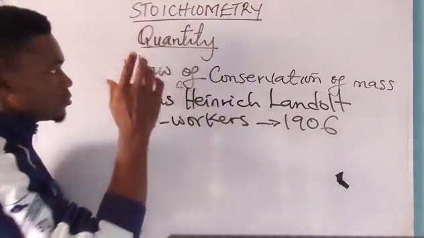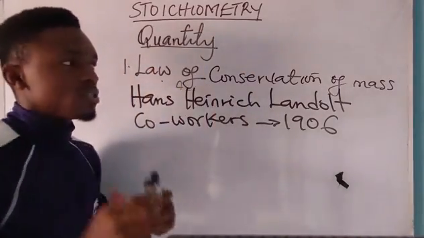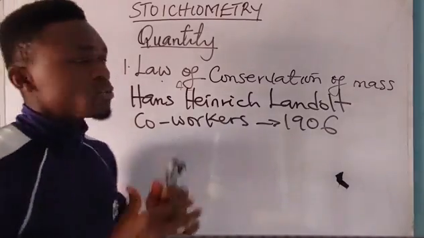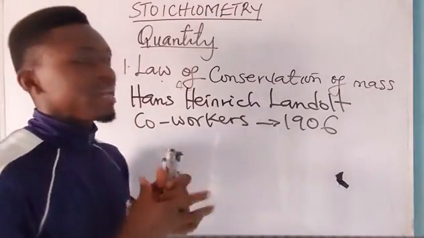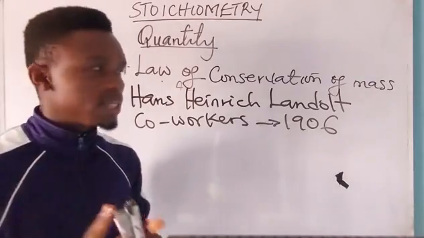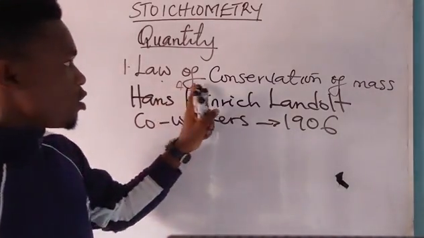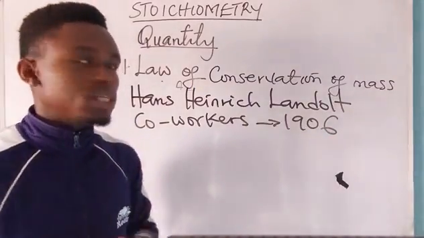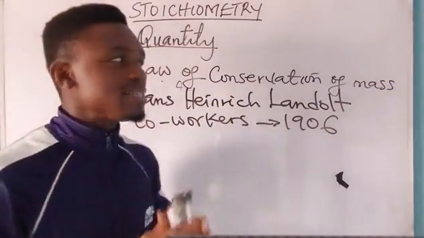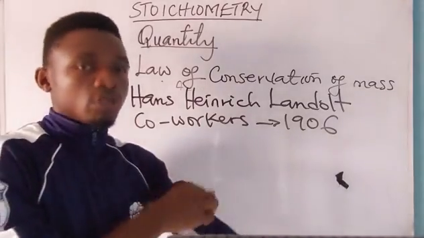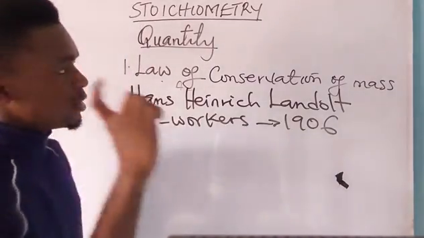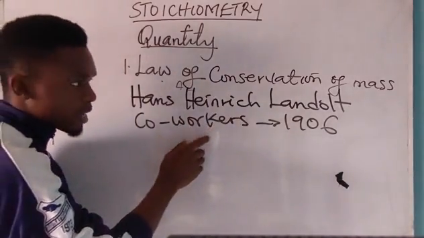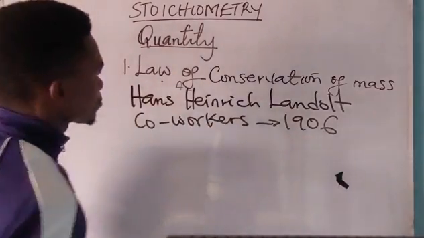The law of conservation of mass states that in a chemical reaction, the mass of a substance is neither created nor destroyed. That is the law stated by Landolt and his co-workers in 1906.